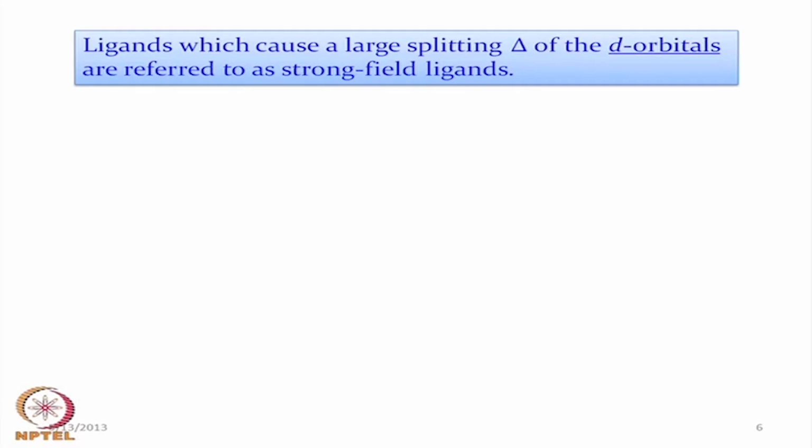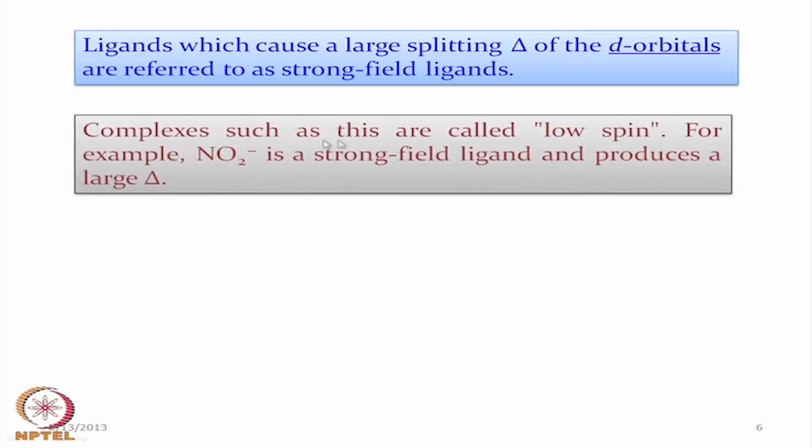There are some complexes, such as those of the nitrite ion, that are called low spin. For example, NO2 minus is a strong field ligand and produces a large delta value. So like ethylene diamine around nickel 2 plus, this NO2 minus around iron 3 plus can provide a strong field environment, and the delta value is higher.